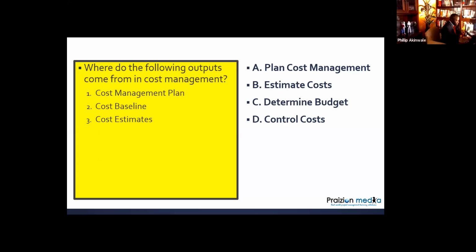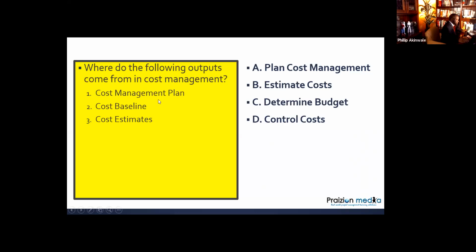And the poll, here are the results. On this one, it seems like everyone chose option B, which is estimate cost, and that is correct. The answer is estimate cost. So to recap, the cost management plan comes from A, the cost baseline comes from B, cost estimate also comes from B.